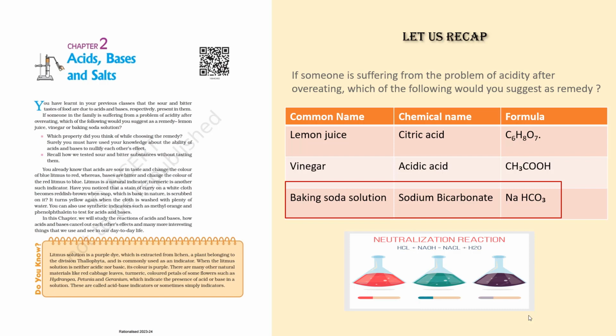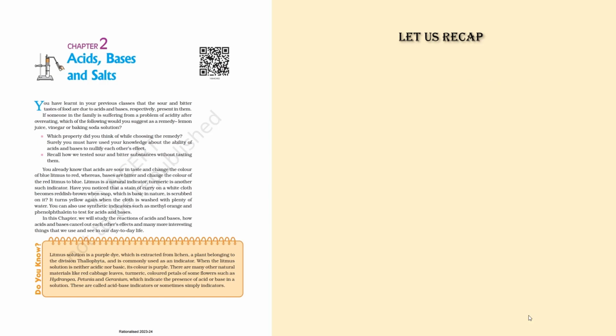It is just a recap. Neutralization reaction is a reaction in which an acid reacts with a base to form salt and water. So it is expected that if the person takes baking soda solution, the acidity may reduce. And bases are mainly the constituents of the antacid tablets or liquids that we generally take when we have the problem of acidity.